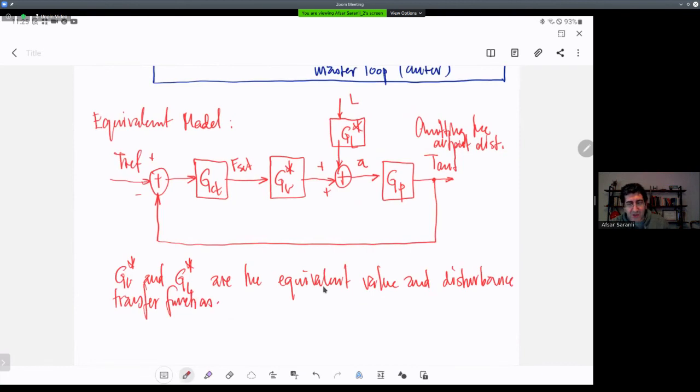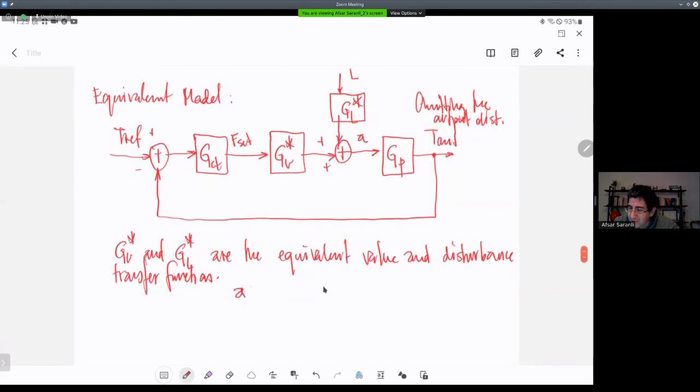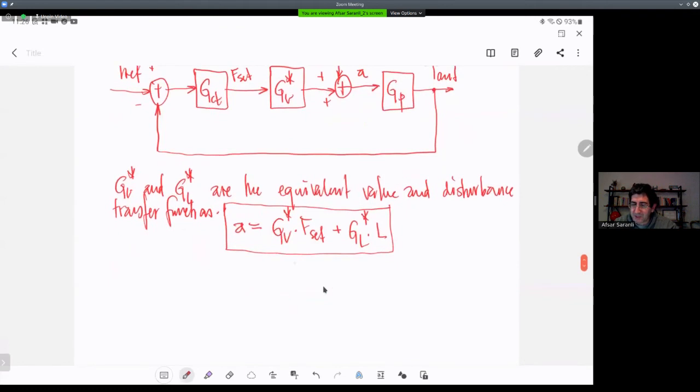Okay, now let's try to find out what these actually are. You see in this equivalent model we have A being equal to GV star times F set plus GL star times L. So I want to find out what these transfer functions are in our original model.